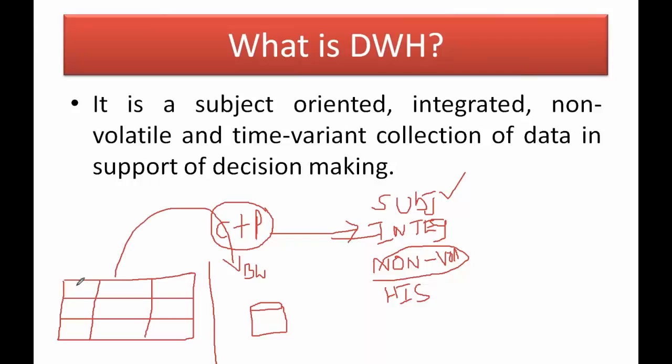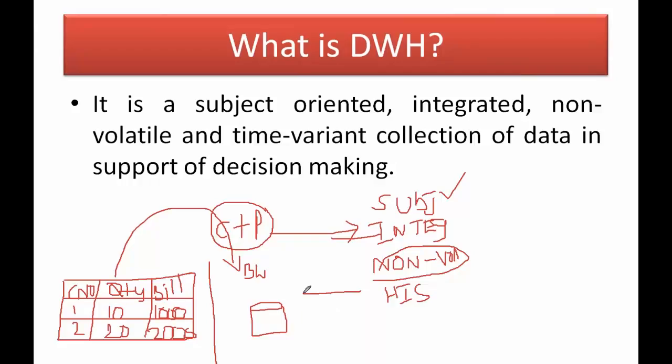Let's say I have a customer number, quantity, and a bill. These are the three columns I have. Customer number 1, 2, quantity 10, 20, bill is 1000, 2000. These records I want to load into BW.